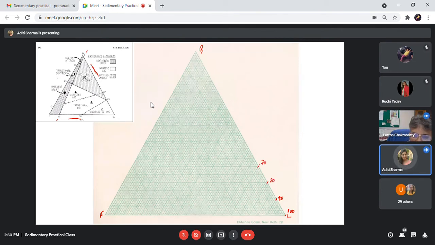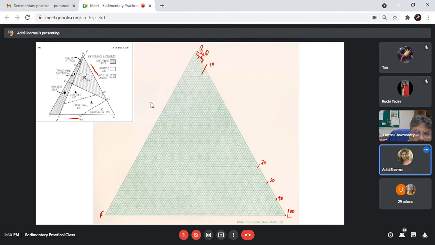As we go here, you will get 0% lithic fragments at this point. Each smallest division is representing 1%, so this will be 1%, this will be 2%, and this point will be 3%.